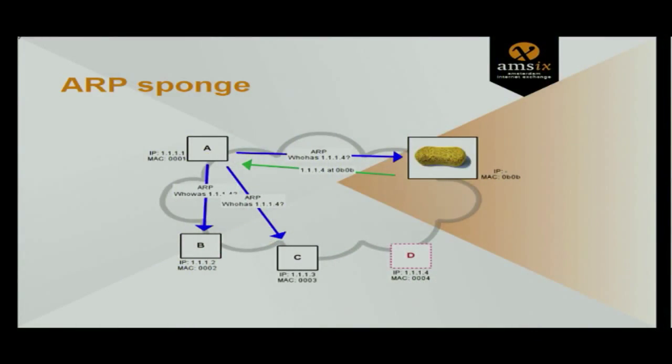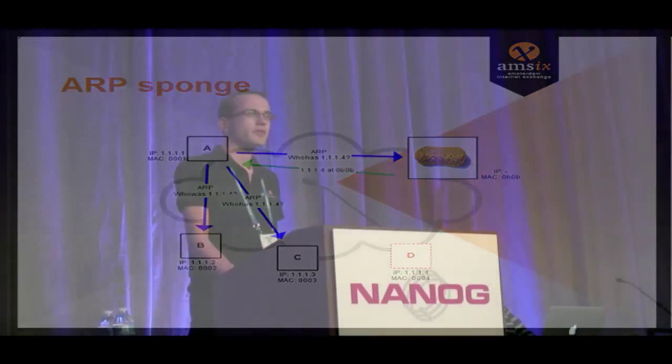So to reduce the amount of broadcast ARP, we implemented a tool called the ARP Sponge. This is a little piece of software that runs on a device attached to the platform. What it does is it listens to ARP requests coming in from other members for IP addresses. And when it sees a lot of ARP requests for a certain IP, it will start answering for this IP address to take over its IP address.